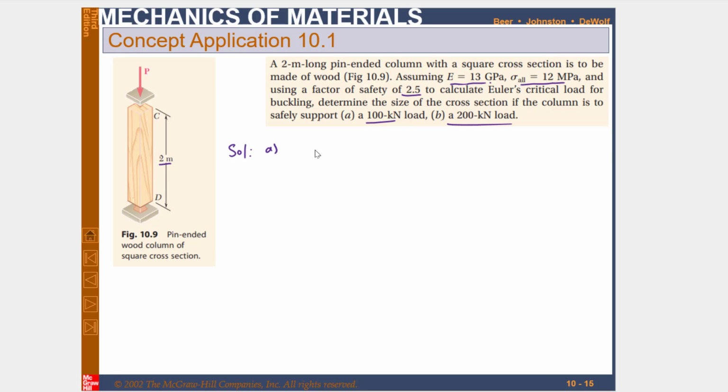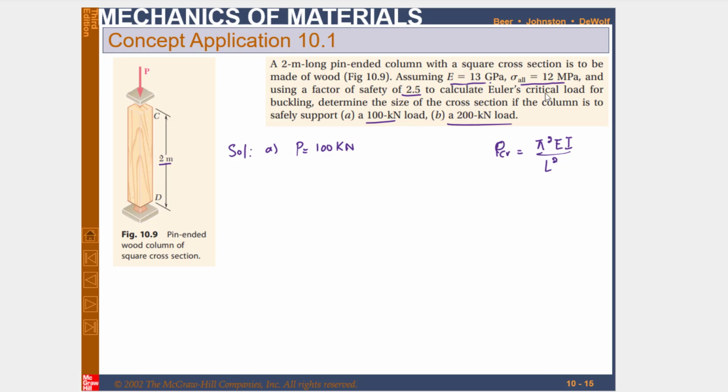So for the first part, for a load of P equal to 100 kilonewton. Also, we know that critical load is equal to pi square EI over L square. You know that. Why am I writing this? Because you have to determine the cross section of the column.